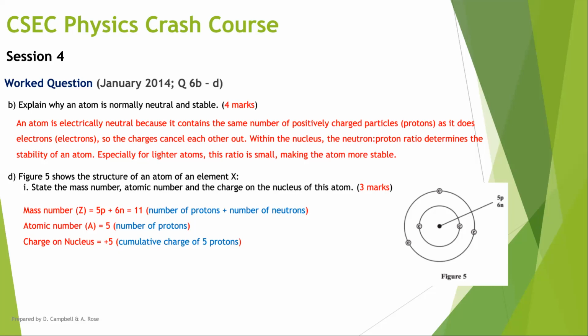So the charge on the nucleus would be the charge due to the protons. The relative charge of the proton, as we said, is +1, and there are 5 protons. So that would make the charge on the nucleus +5.